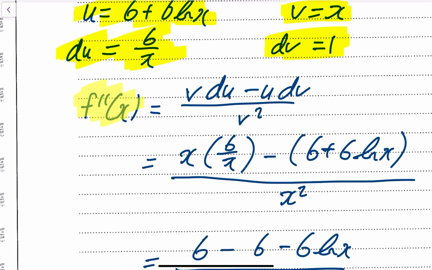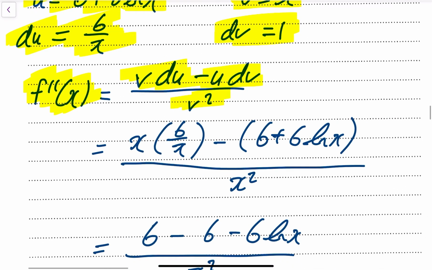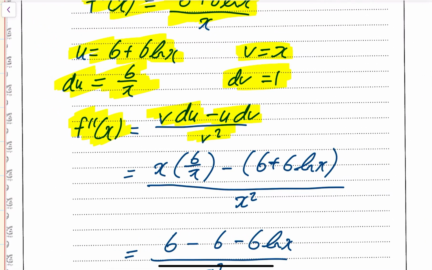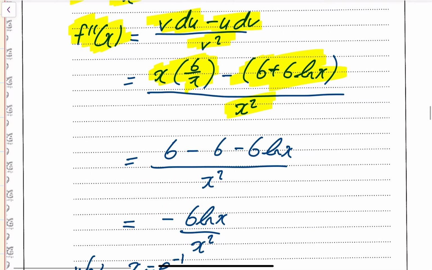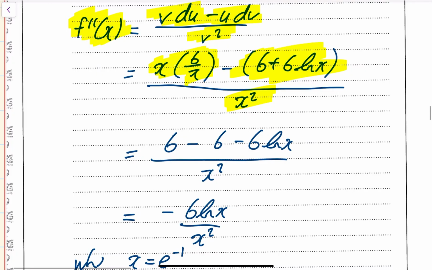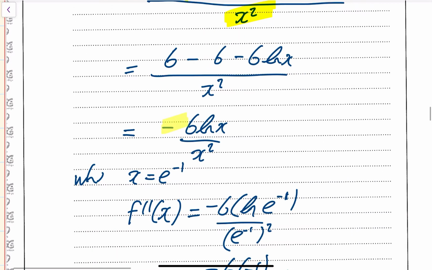And then your f double dash of x is equal to v du minus u dv all over v squared. And v du is this thing minus, that's my u dv all over my v squared. And that tidies up to be 6 minus 6 ln x over x squared, or just minus 6 ln x over x squared.